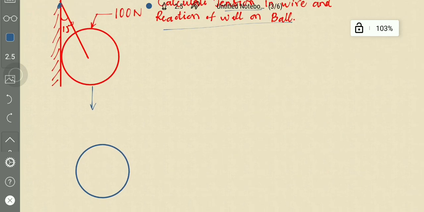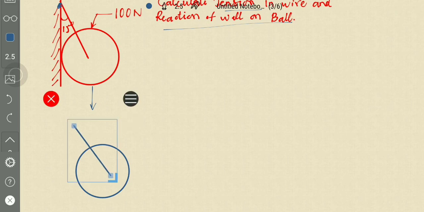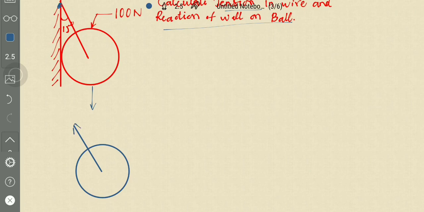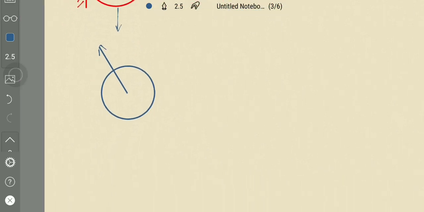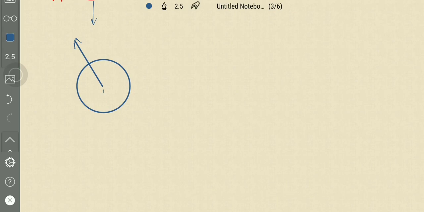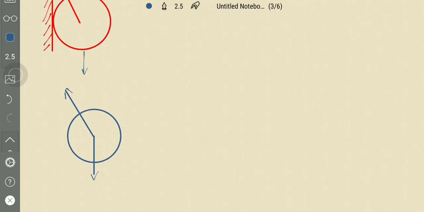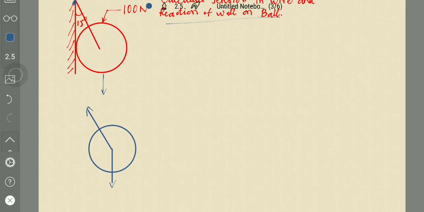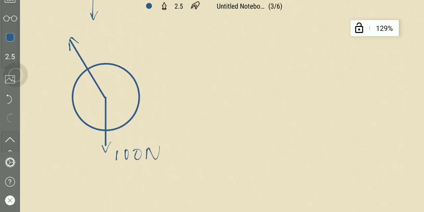There is tension T, and another one is weight acting downwards, and this weight is 100 newtons, and another one is reaction from the wall on the ball.